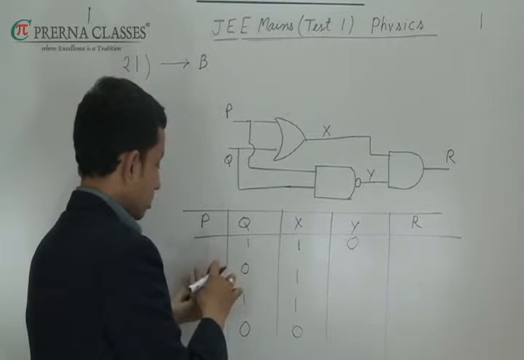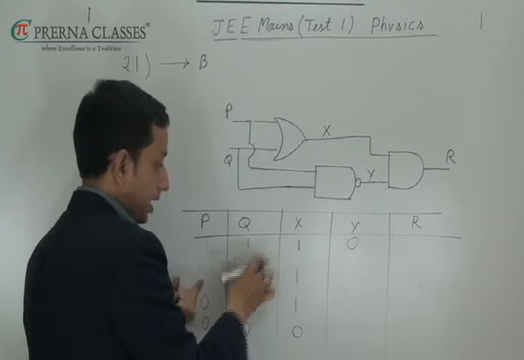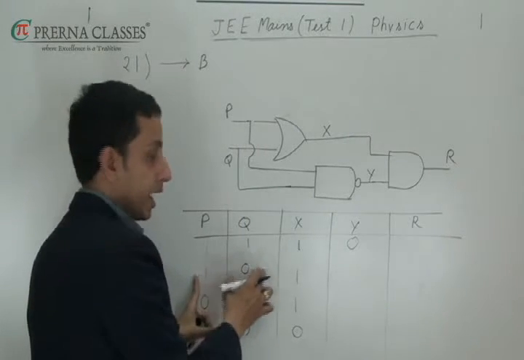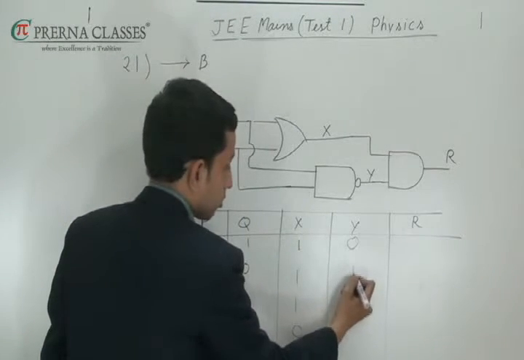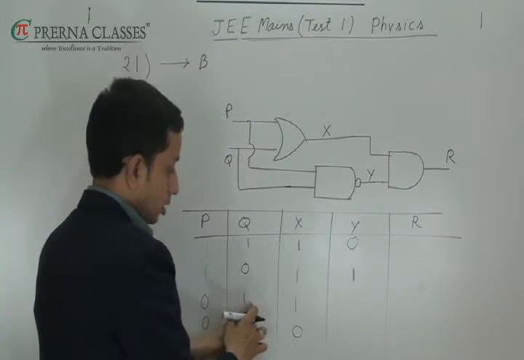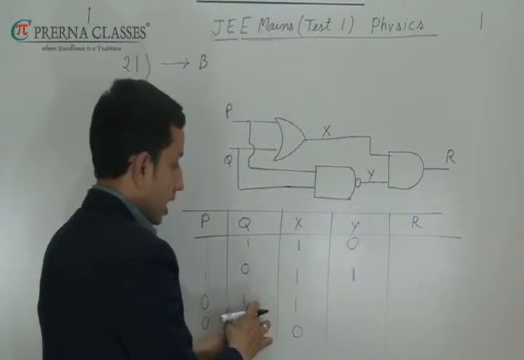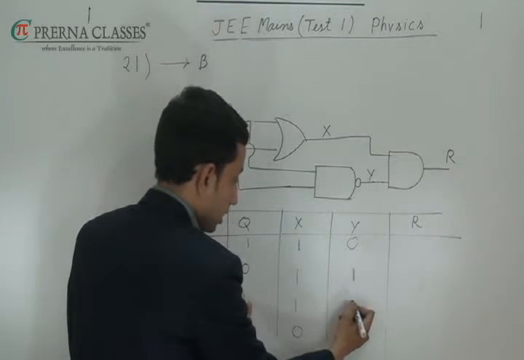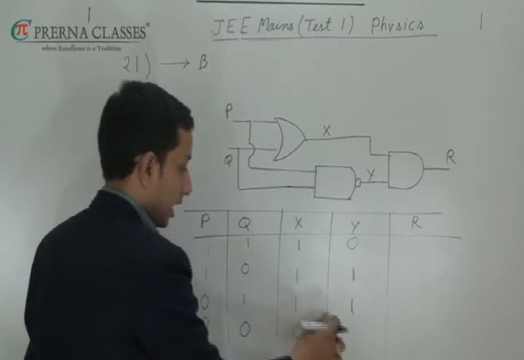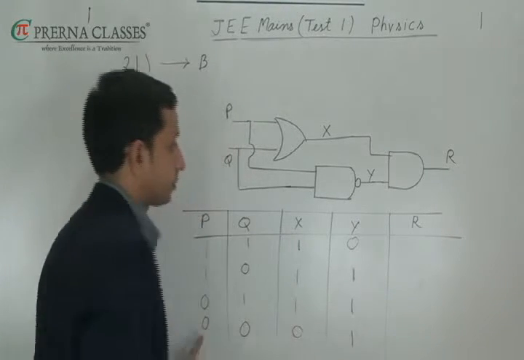If P is 1 and Q is 0, then its AND will be 0 and NAND will be 1. For 0 1 input, AND output will be 0 and NAND output will be 1. For 0 0 input, NAND output will be 1.